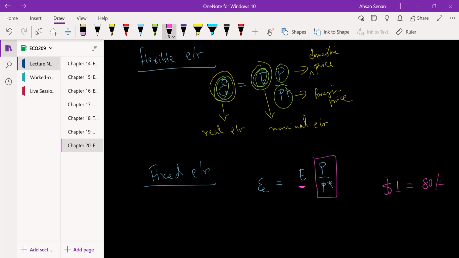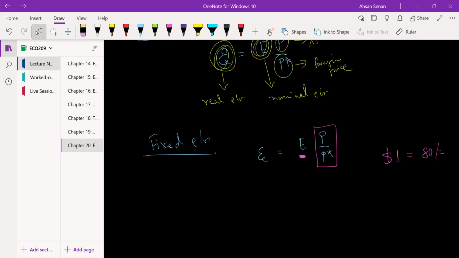Then we want to hold this constant. The problem is that in the short run, this is fixed, which means that the real exchange rate also has to be fixed. This cannot fluctuate, and that's the problem.